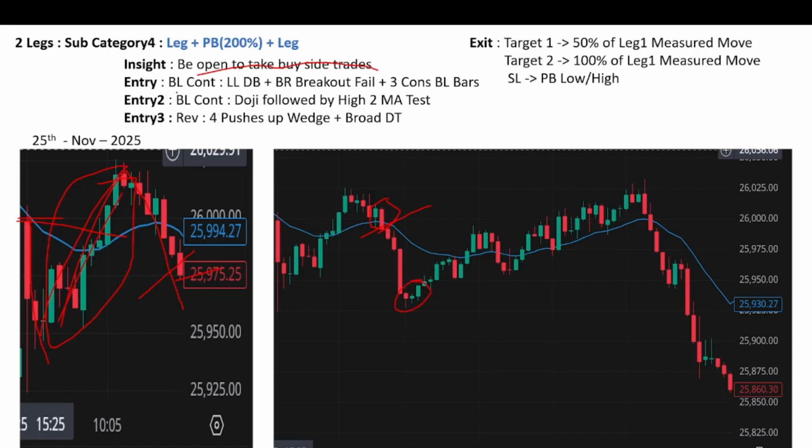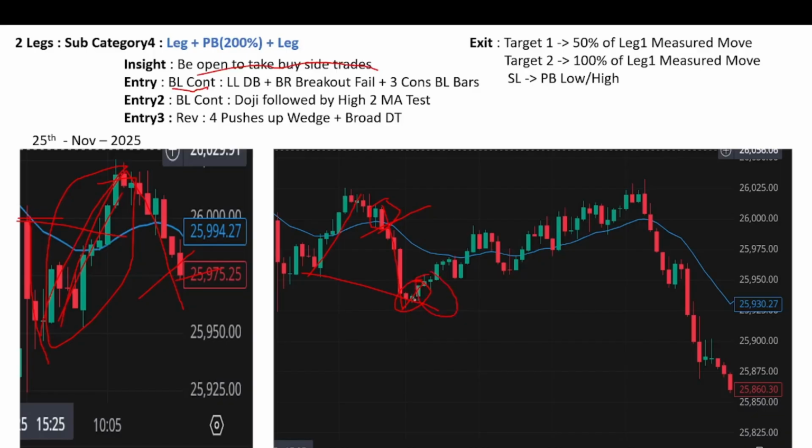So in here I have given 3 entries, which is bull continuation. Continuation for this movement, lower low, double bottom, and bear breakout failed here to go lower, and 3 consecutive bull bars.